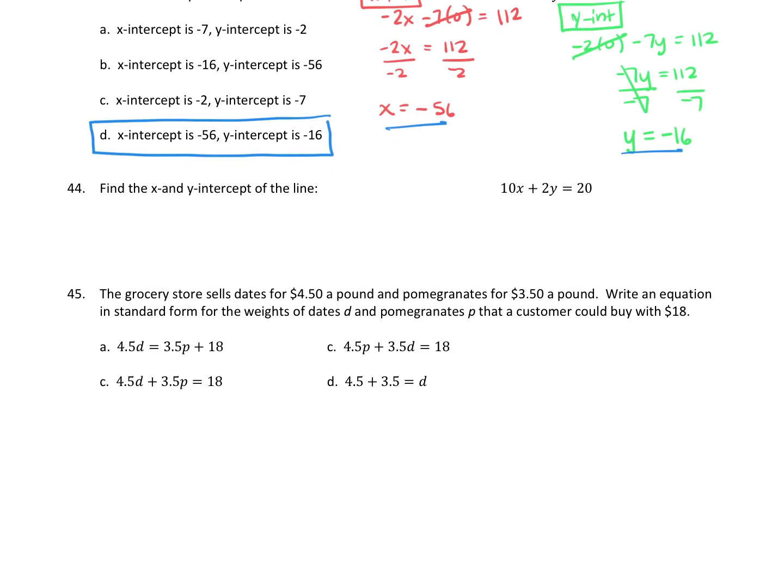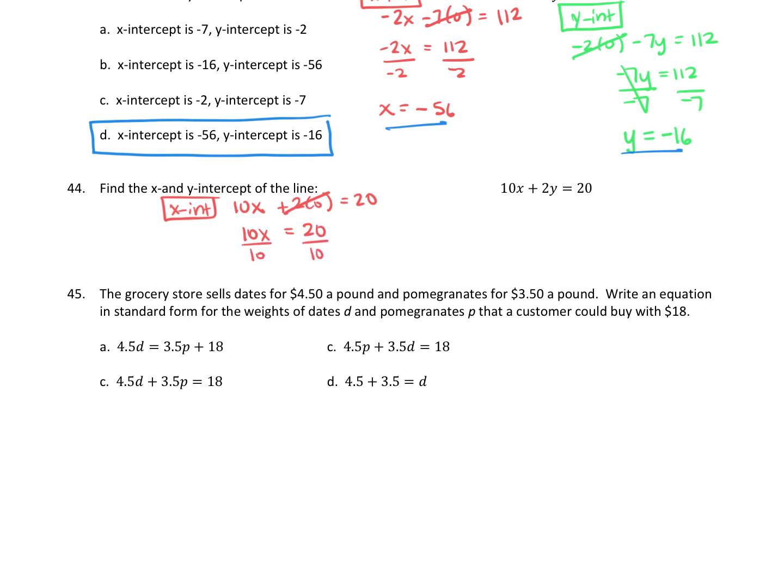All right, so now we don't have options to look at. Let's find the x and the y-intercept. The x-intercept is when we plug in a 0 for the y, because we want to find the x, so let's keep the x and plug in a 0 for the y. 2 times 0 is 0, leaving us with 10x equals 20.